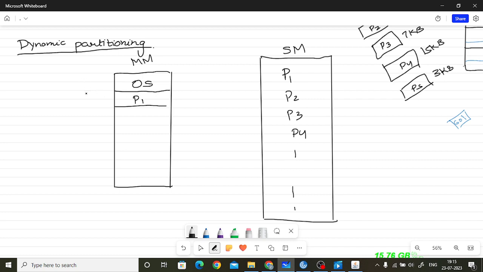Suppose the memory usable by the user starts from 100k, so from 0 to 100k the operating system code will be present in the main memory, and it has to be untouched by the user. If some program tries to access that part from 0 to 100 KB, it will lead to a trap. What is a trap, I will discuss later. It's a kind of interrupt, a software interrupt.